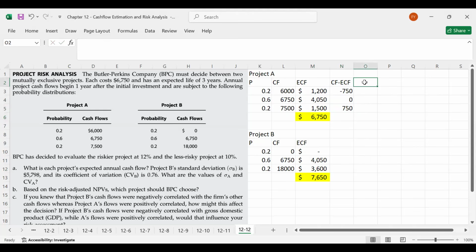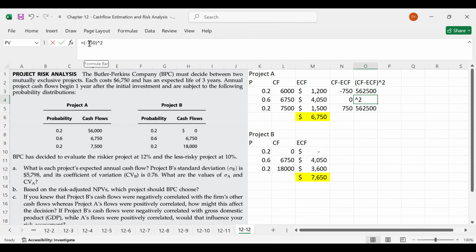Then we take the square of cash flows minus expected cash flows. So in this way we have minus 750, and now we are going to take the square. Then we are going to repeat all these.